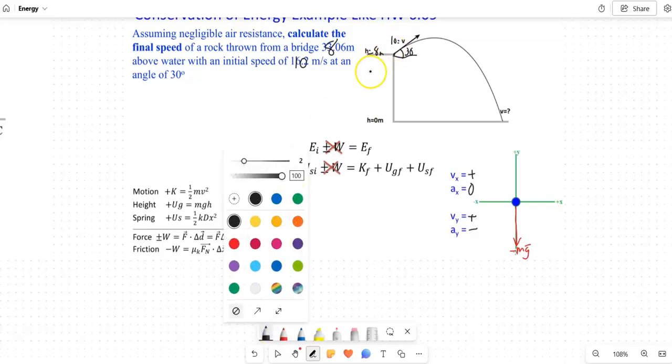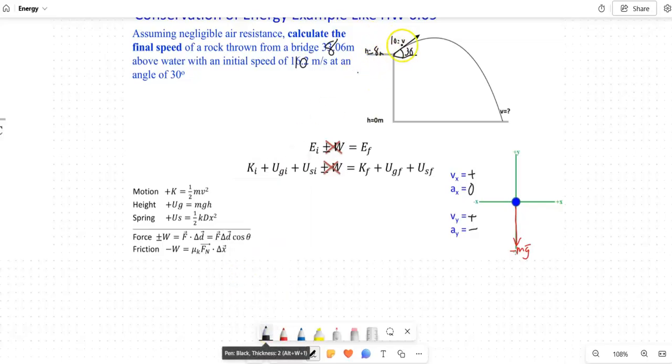Okay, now here's where it gets a little bit different. The starting energy is here. It's got an initial kinetic energy. It's got an initial potential energy due to gravity, but no springs are touching it. In the end, it is only moving, so it doesn't have any of those two potential energies. So the initial kinetic energy plus the initial potential energy due to gravity is equal to the final kinetic energy.